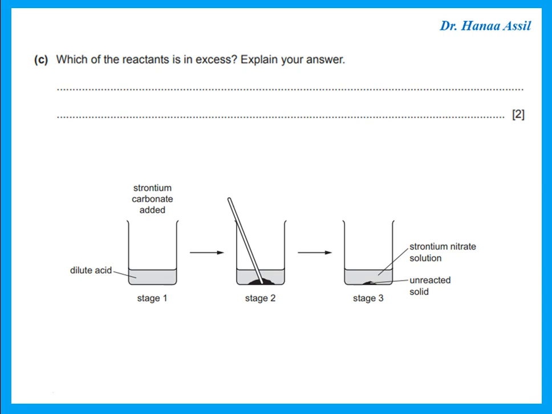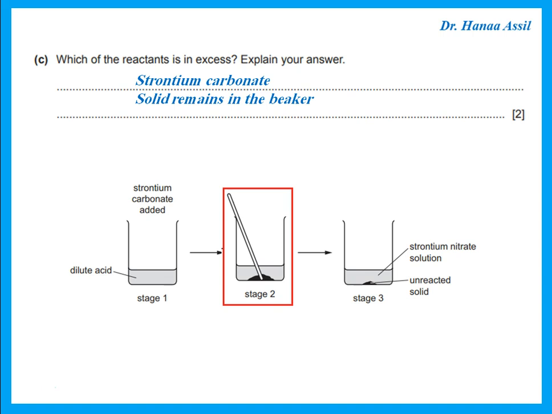So the strontium carbonate, when we added it to the acid, I have unreacted solid at the bottom. The solid is stirred, but some of it will react, and then I keep adding strontium carbonate until I have excess solid in the beaker. So the excess here is the strontium carbonate because solid remains in the beaker.